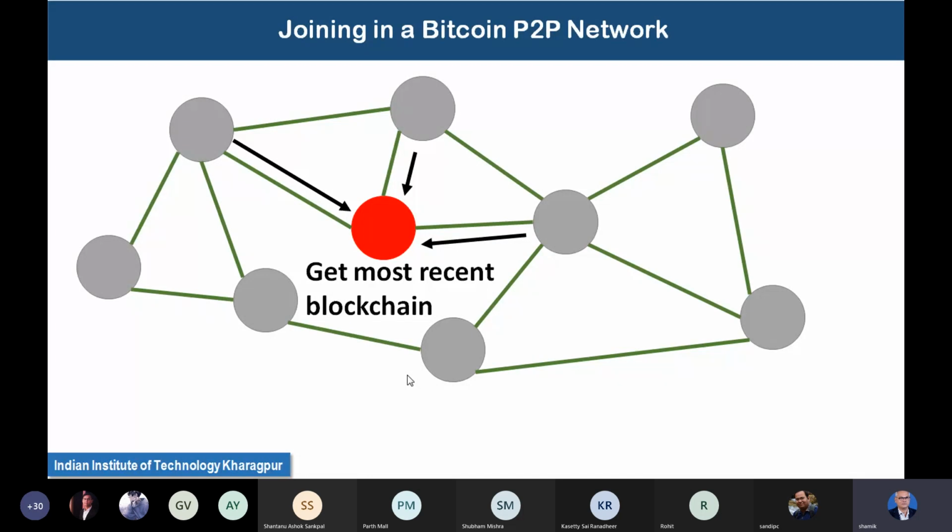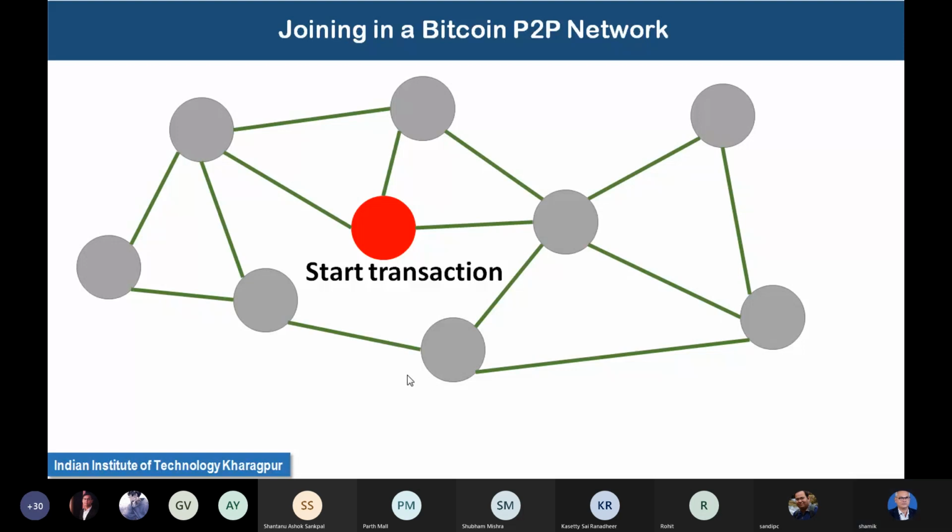Suppose you join the network and you are not going to carry out any transaction, that means you are not going to receive any Bitcoin to start with, or spend any Bitcoin. Then also you could just be a passive node where you will be seeing all the transactions that are going on.